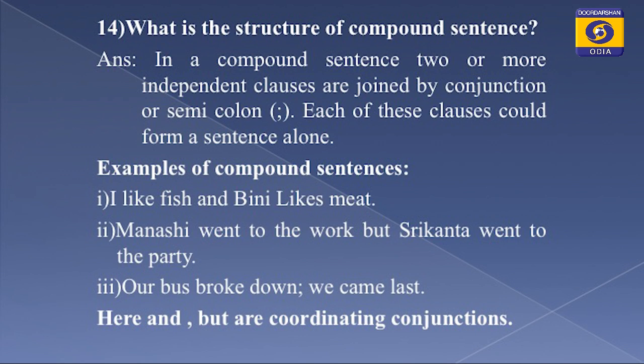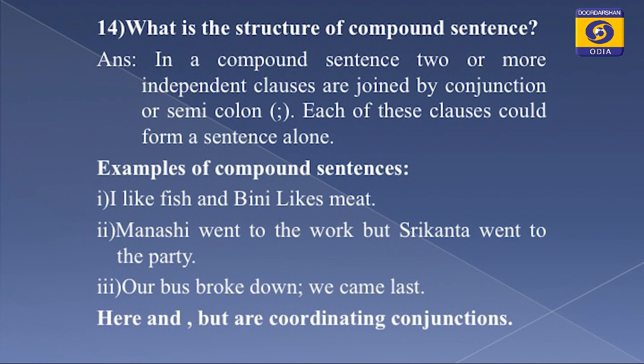In I like fish, like is the finite verb, and in Binny likes meat, likes is also a finite verb. If we divide this sentence, we can get 2 complete sentences. I like fish, this is one. Binny likes meat, that is another one.